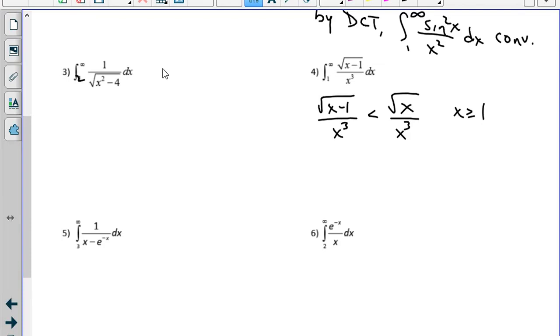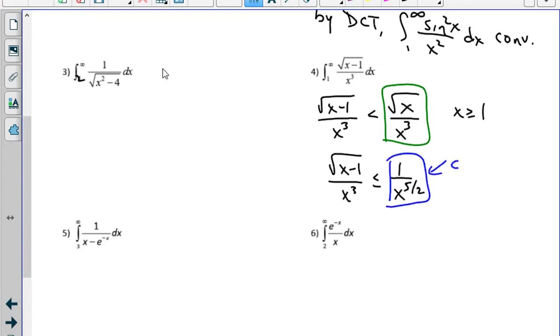So since that is the case, let's rewrite the one on the right as a p-test. So I have root x minus 1 over x cubed is less than or equal to 1 over x to the 5 halves. I know that because root x is x to the 1 half, and I can just use the laws of exponents to write it as x to the 5 halves.